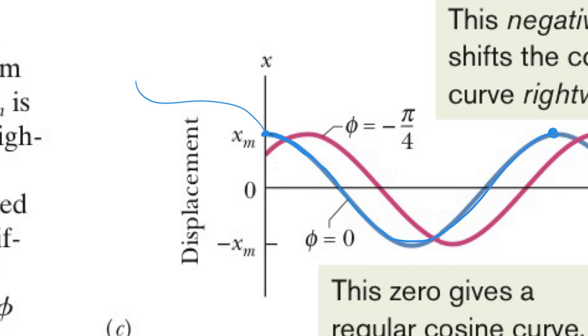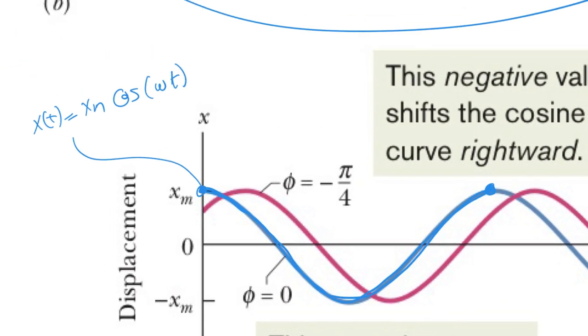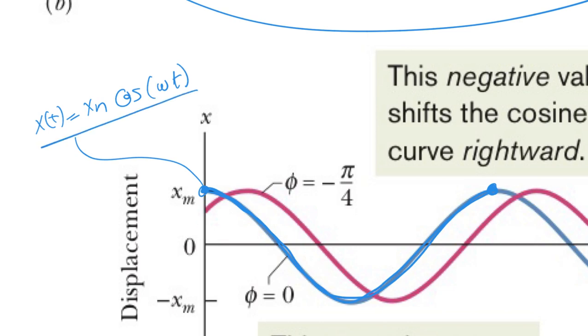I mean, the blue one we can represent as x(t) equal to xm cosine omega t only, without the phi or the phase. Why? Because this is the regular cosine wave, the curve, so because of that we write it only like this.